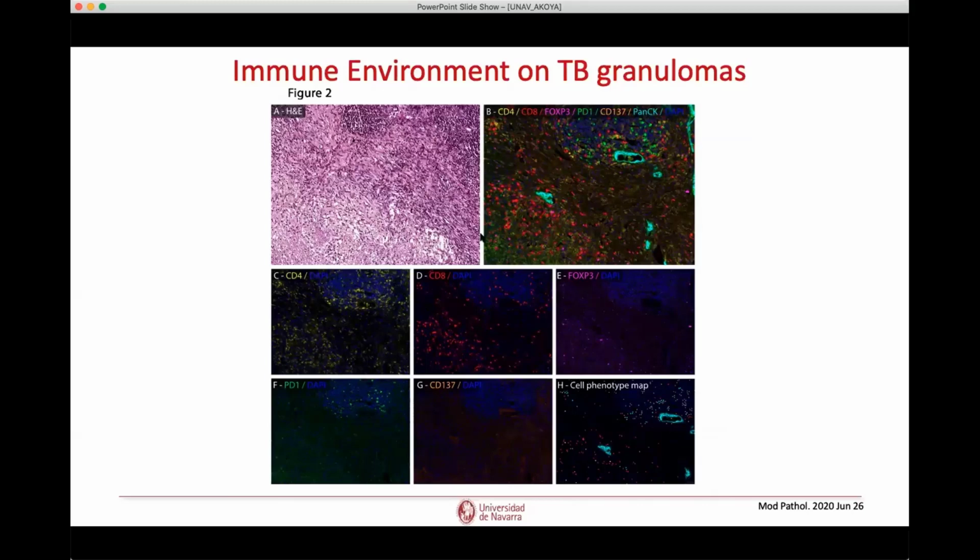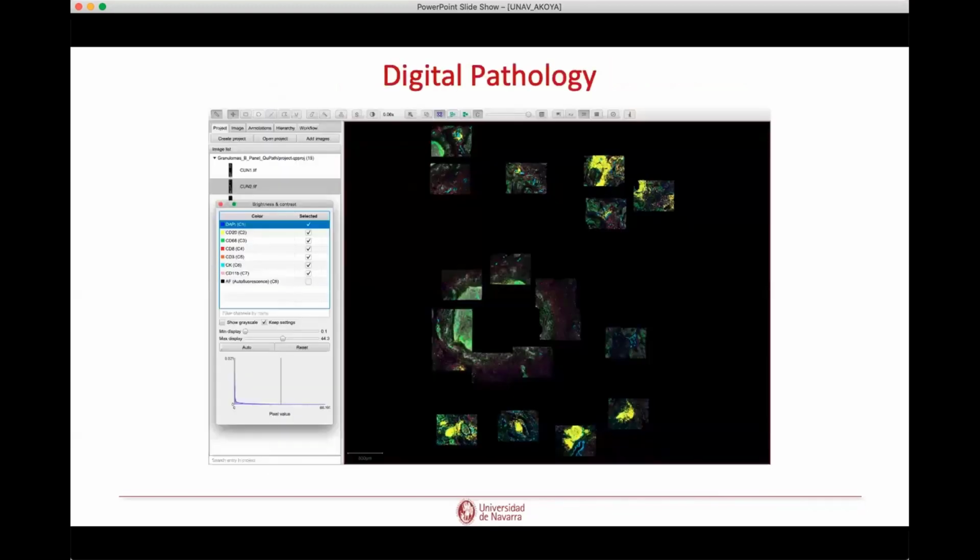What we have done was to evaluate the immune cell infiltrate located at the periphery of the granuloma. For image analysis, we used the inForm software to generate multi-TIFF images, especially to subtract the background of the slide.